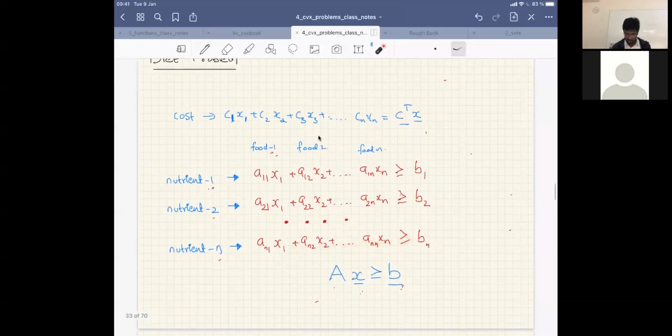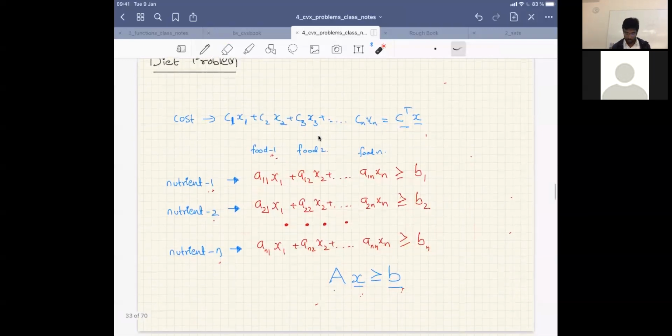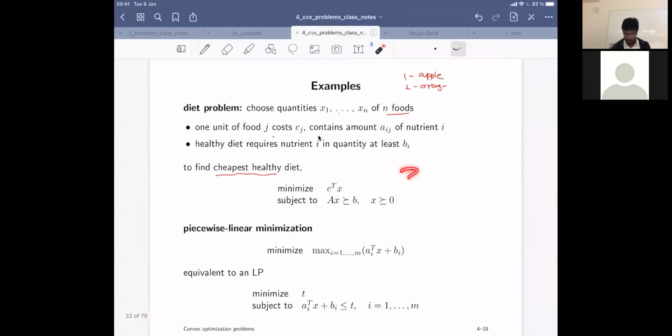Okay, so this you can write in matrix form: Ax is less than or equal to b, where b is this vector, A is all these A coefficients, and x is the vector x. Okay. So now simply our optimization problem will be minimize c transpose x subject to Ax greater than b.